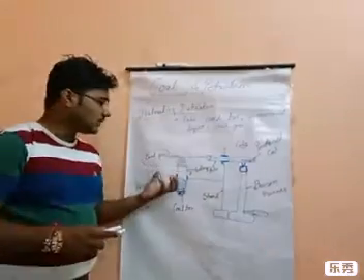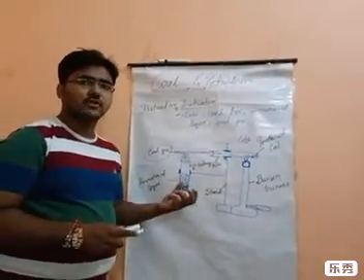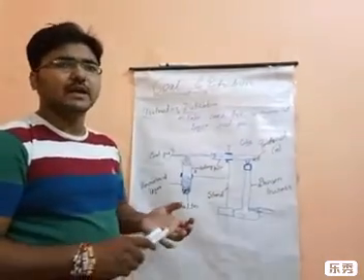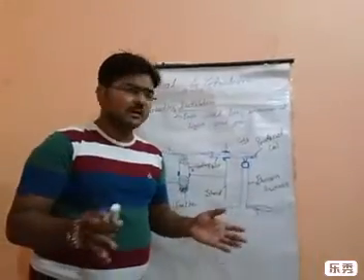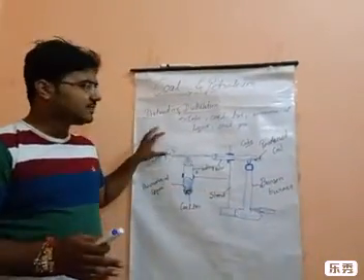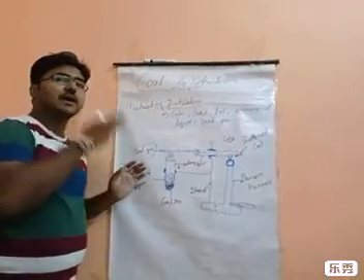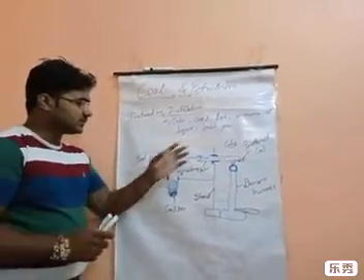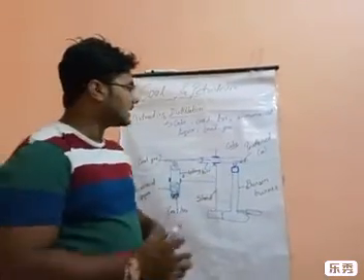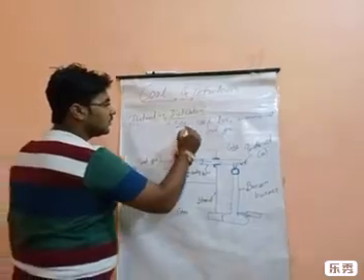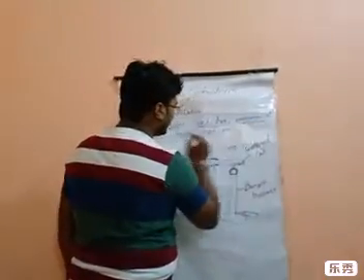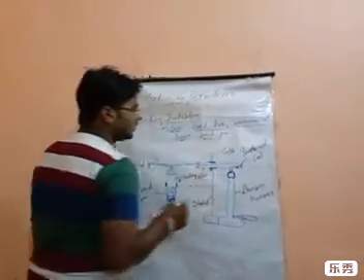Before this, when coal gas was used, it was a mixture of carbon dioxide, methane, and many other gases. But nowadays, because it creates pollution, it is being replaced by natural gas. So I think all four points are clear to you. The first one is coke, then coal tar, ammoniacal liquor, and coal gas.